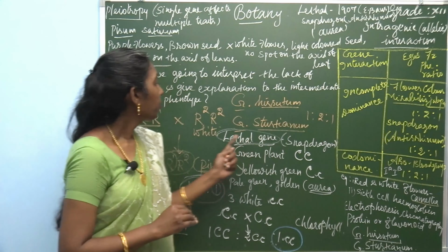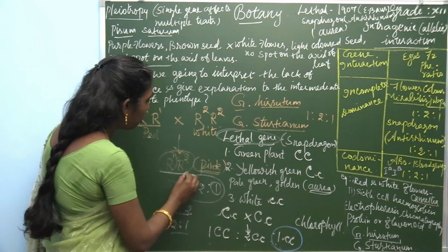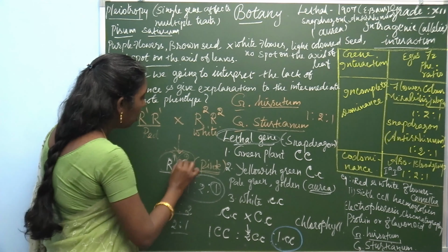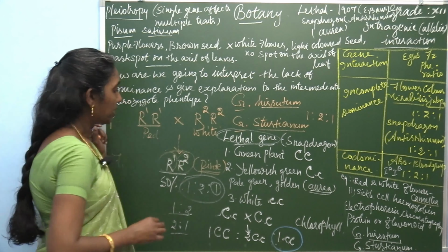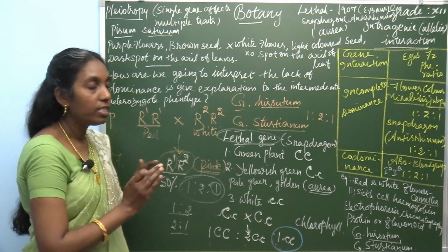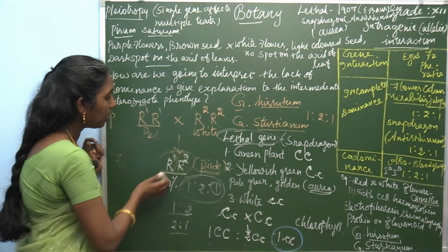In incomplete dominance, in the F1 generation only half is expressed, 50% of the genes express, and these are the parents. In the F1 generation, it gives the color pink.